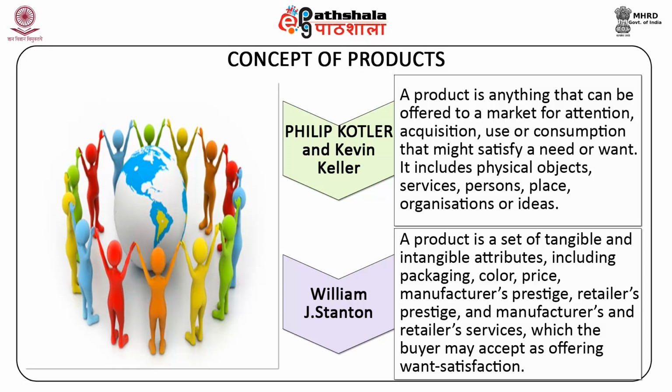Therefore, it should be clear that a product is not only a bundle of physical and chemical attributes but also includes various intangible attributes that have the potential to satisfy the present and future customers' needs and wants, and is received in exchange for money or money's worth.